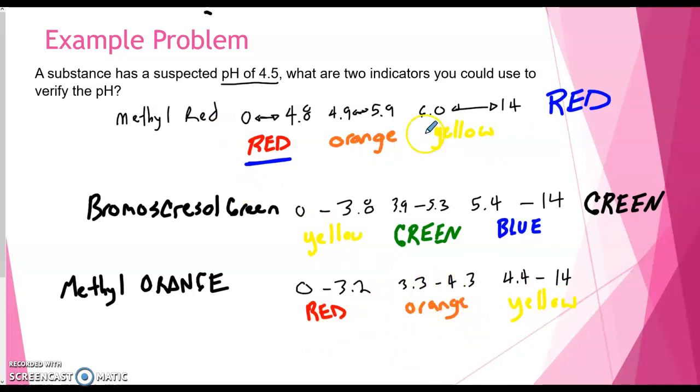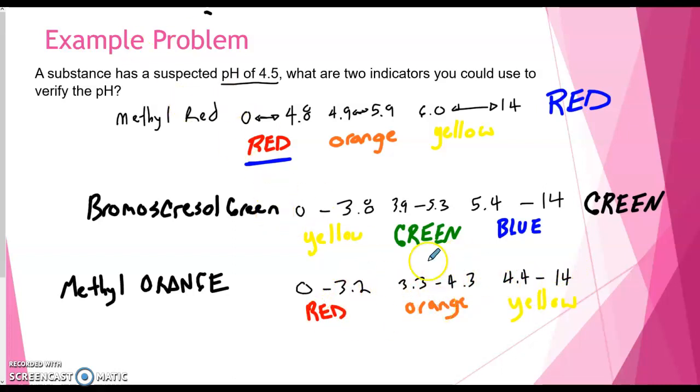Looking at what we've got here, with our expected 4.5, we got 4.8, which was red, below 4.8, which was red. We got this one to be green, which again falls into our 4.5. And this one is even closer to what we're looking for.